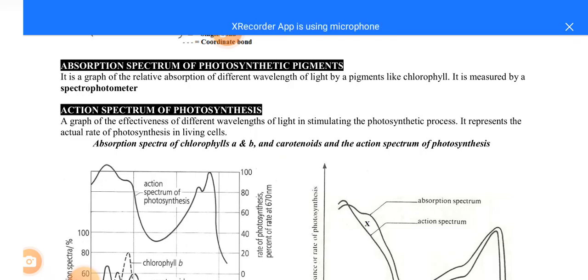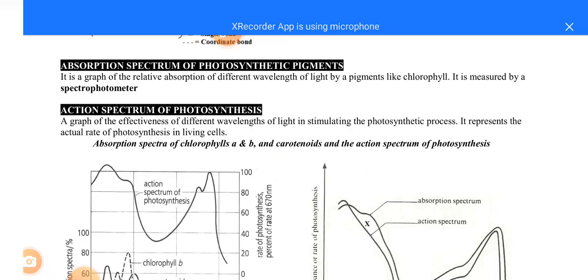It represents the actual rate of photosynthesis in living cells. I hope you have got the differences between the absorption spectrum and the action spectrum.